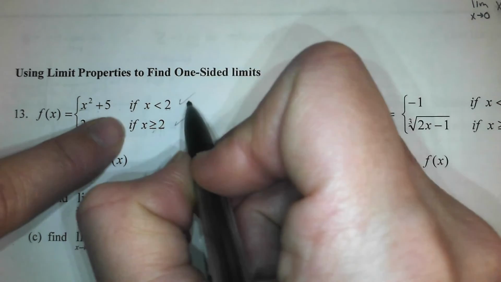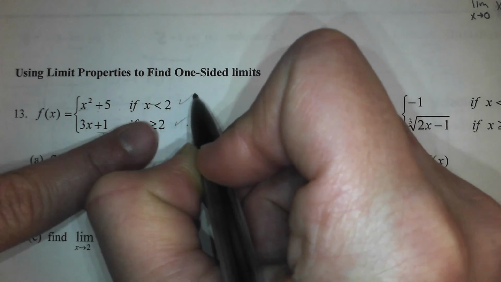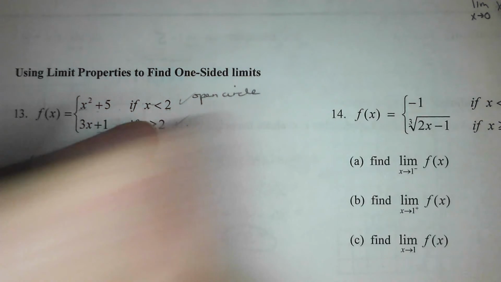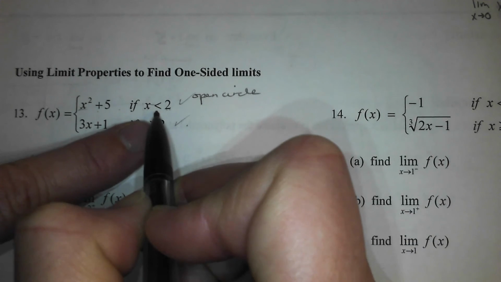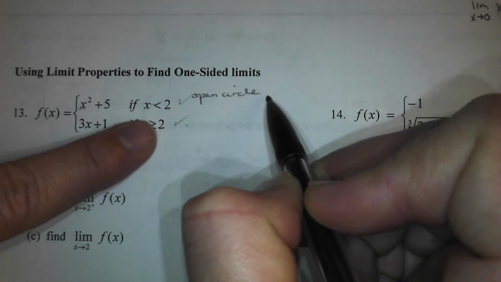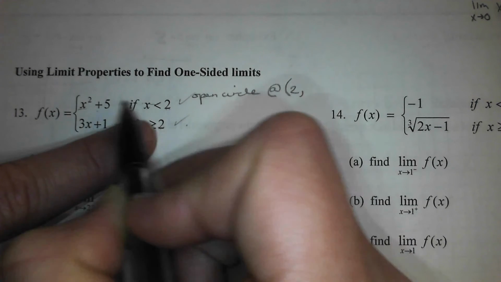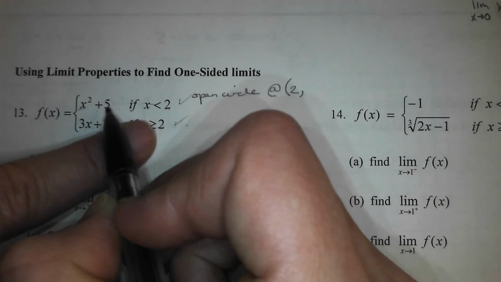So this particular piece of our piecewise function ends with an open circle. Do you see why it's an open circle? Because why? Right, there's no "or equal to" sign. So this section is going to end with an open circle at 2 comma 9. 2 squared plus 5 will give you 9.